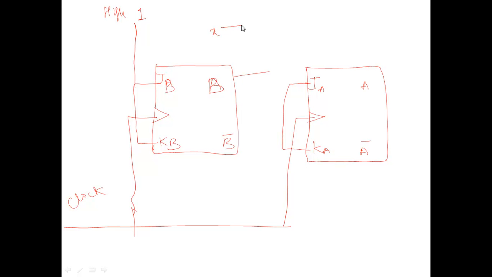There is one more control signal X, which is the input. Tie these two together in an exclusive OR gate and give it as input here, so that JA is B exclusive OR with X and KA is also B exclusive OR with X.